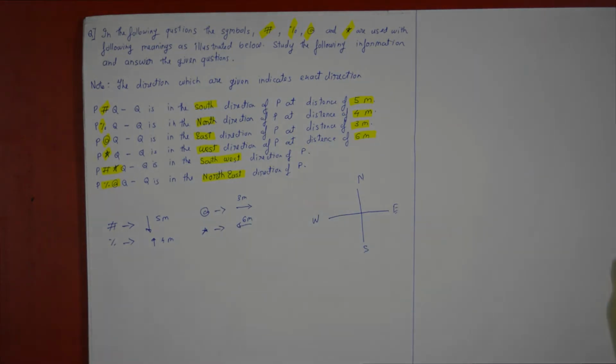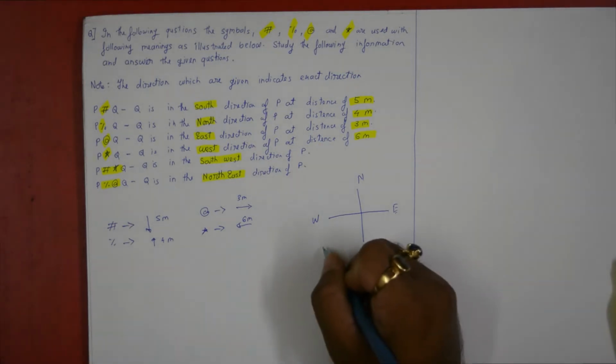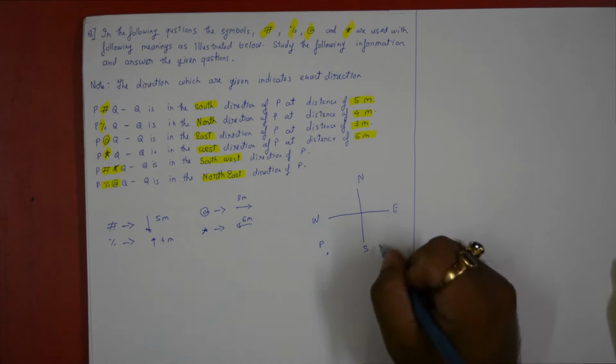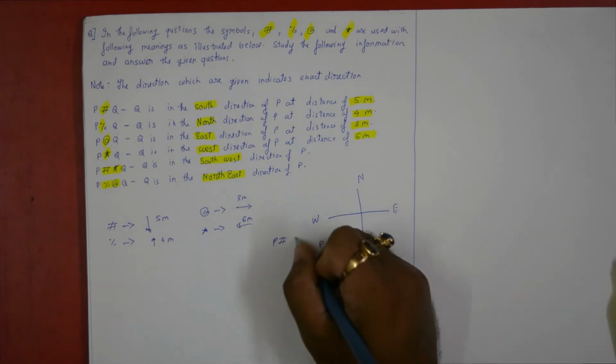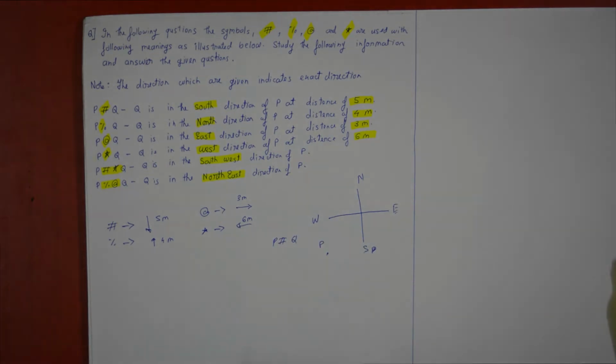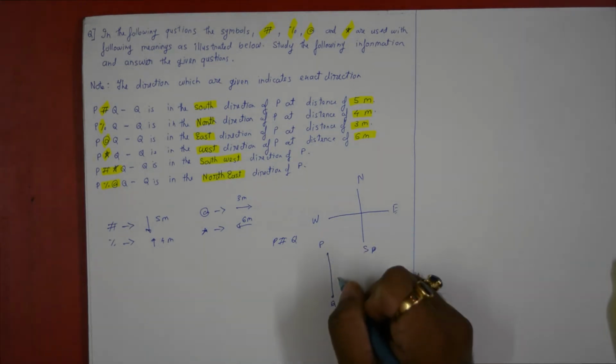So whenever we have, for example, this is P and the given is P hashtag Q, that means from P, draw a line and go to Q, and this is your 5 meters.